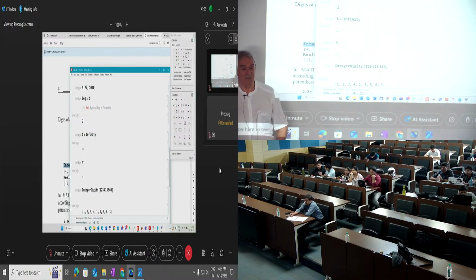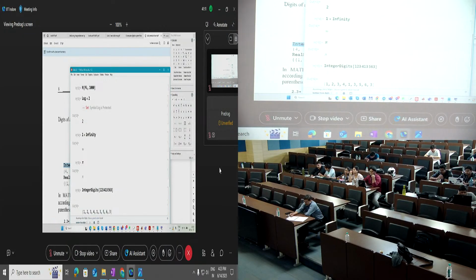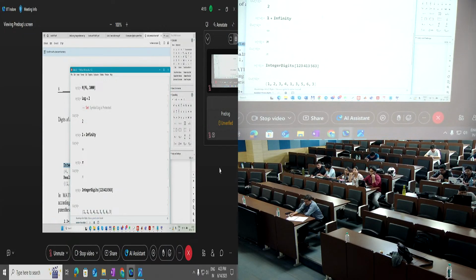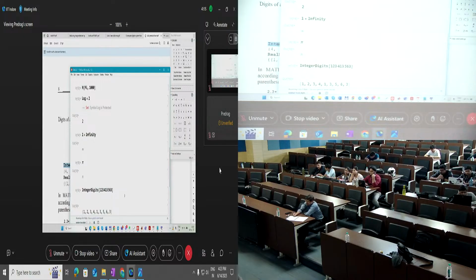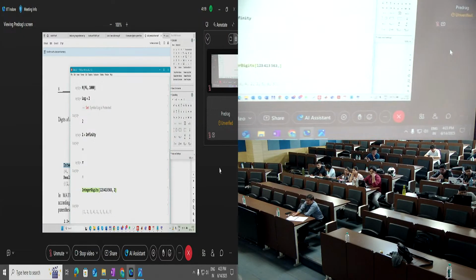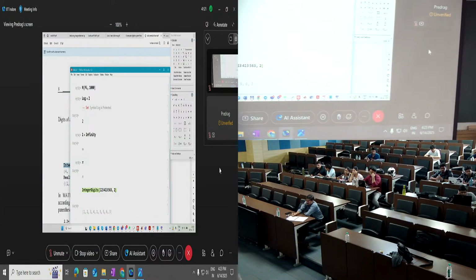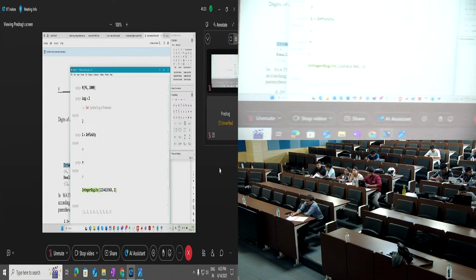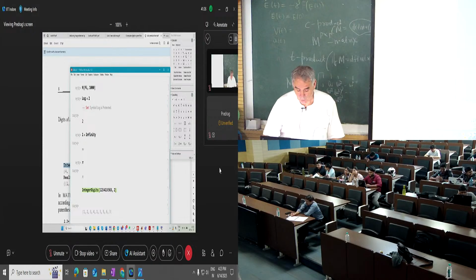In C++, we will need one while cycle with div and mod included. If we put comma 2, we will require digits in number system 2.